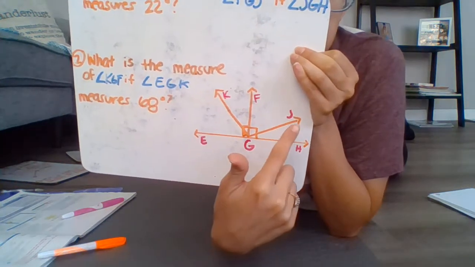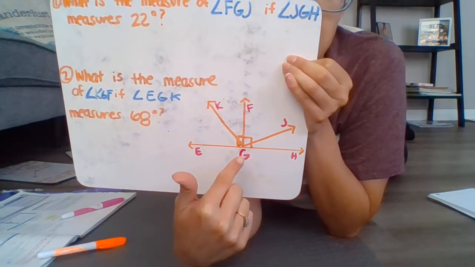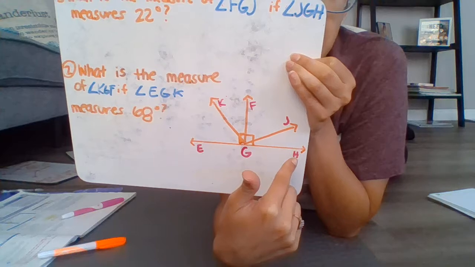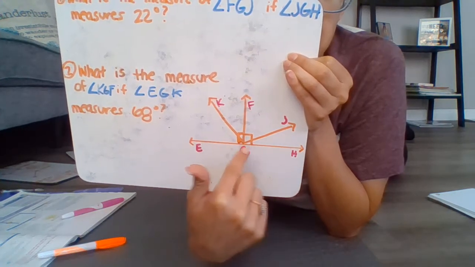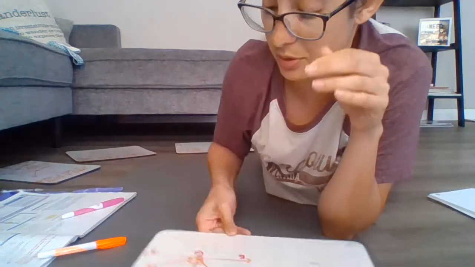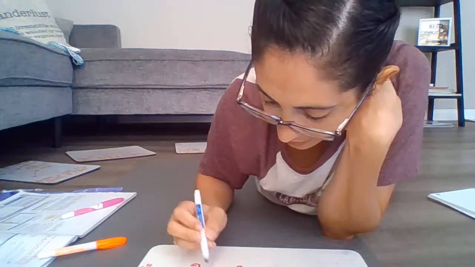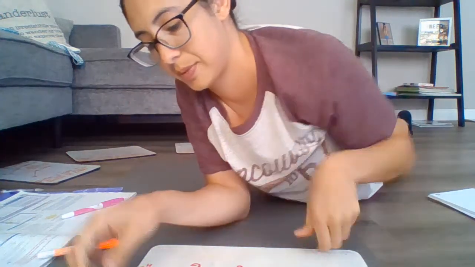Well, here's J, here's G, and then here's H. So I know that this angle right here is equal to 22 degrees. So I'm going to highlight that with a different color, and I'm going to write 22 degrees in there.